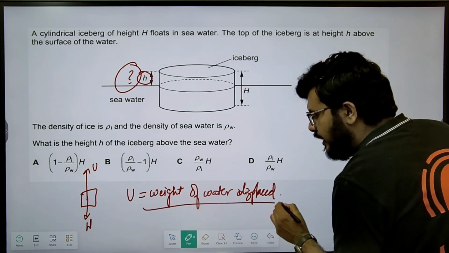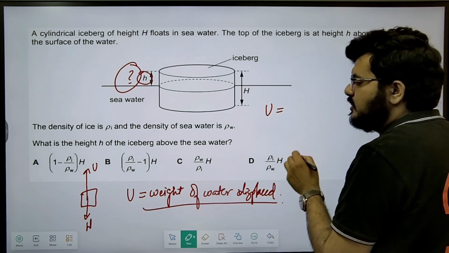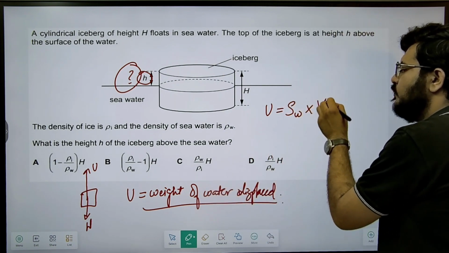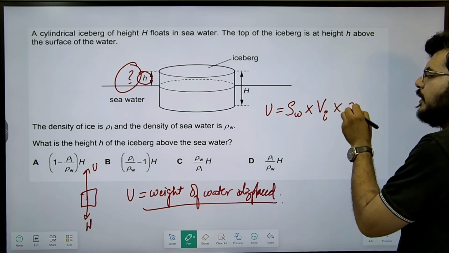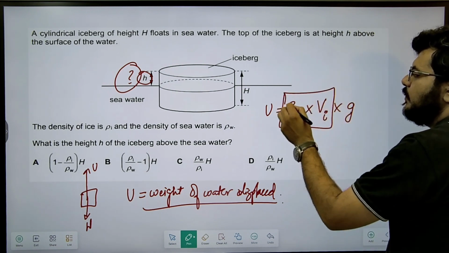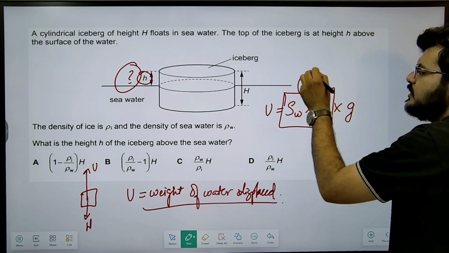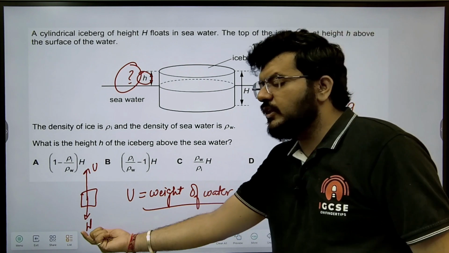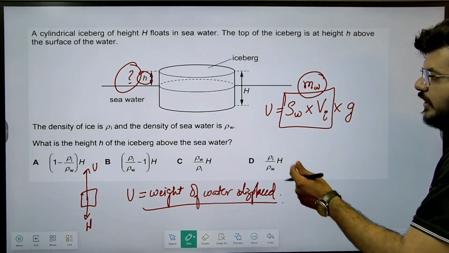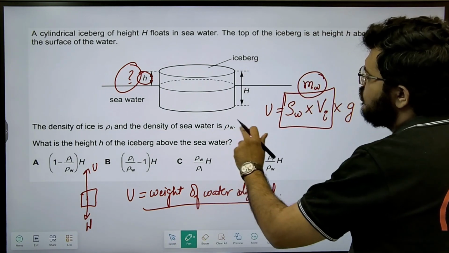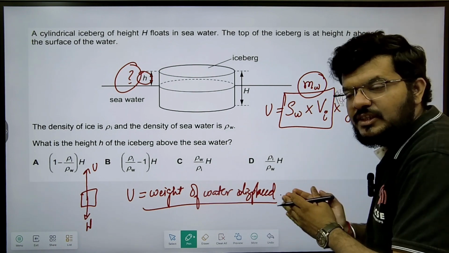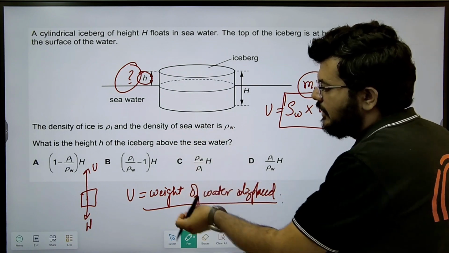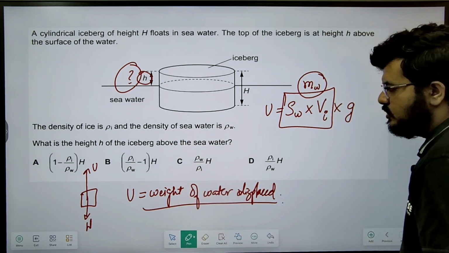If I want to find the weight of water displaced, which is your upthrust, the weight of water is density of water multiplied by the volume of the iceberg multiplied by g, because this is nothing but the mass of the water displaced, correct? So once I have all of this, I equate it with W. What is W? W is the weight of the iceberg, and instead of m into g, we will take density into volume into g. Wherever you see a buoyancy question, an Archimedes principle question, you always use this method.